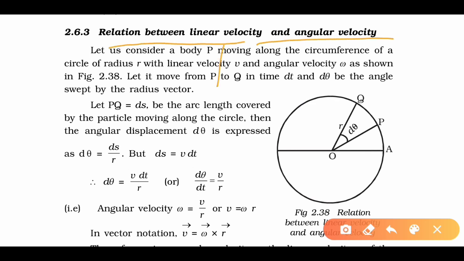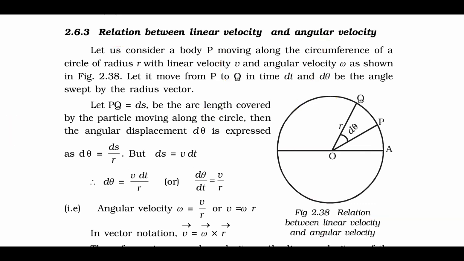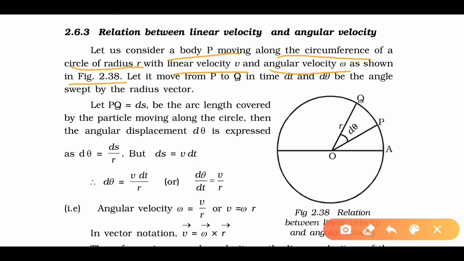Now we will find the relation between linear velocity v and angular velocity omega. Let us consider a body P moving along the circumference of a circle of radius small r with linear velocity v and angular velocity omega as shown in the figure.